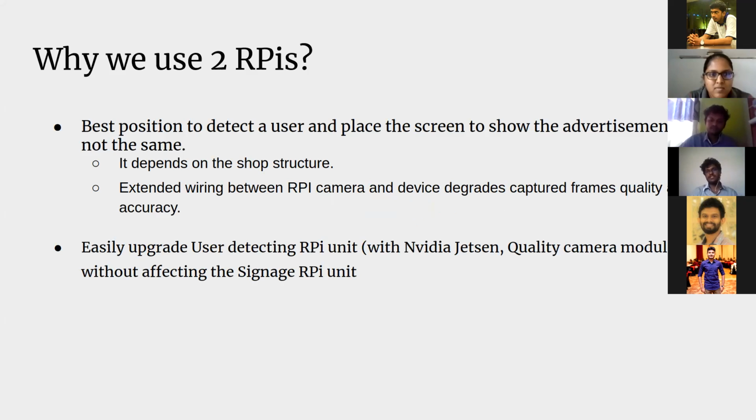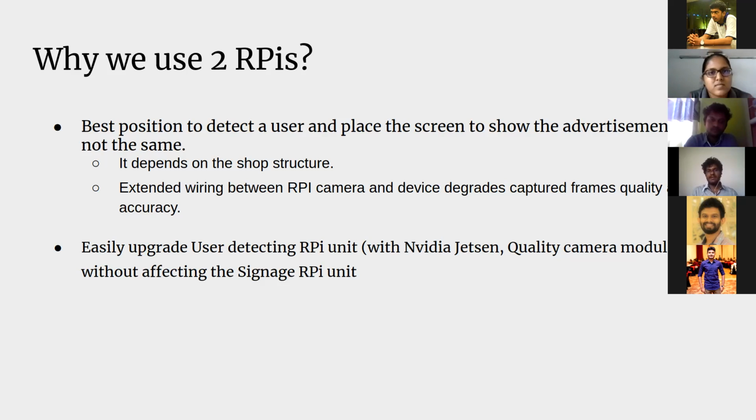It depends on the shop structure. The best position to detect users might be at the doorstep, but the best position for the screen is not the same. That was the main reason to use two RPis, so that we can separate them.